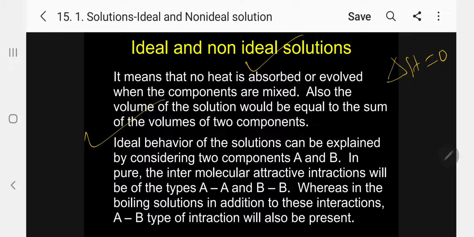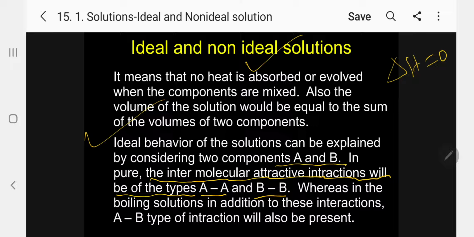Ideal behavior of a solution can be explained by considering two components, A and B. In the pure components, the intermolecular attractive interactions will be of the types AA interaction and BB interaction.